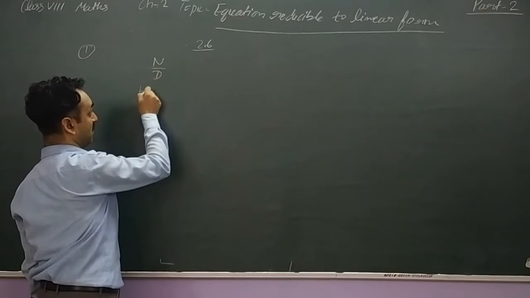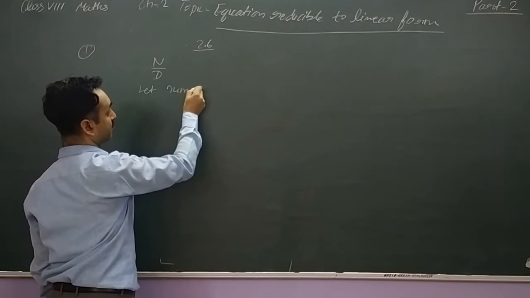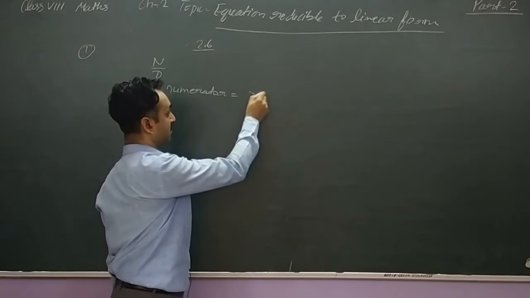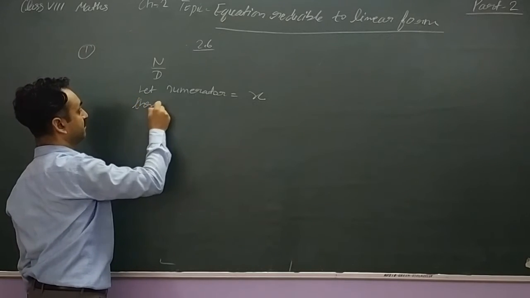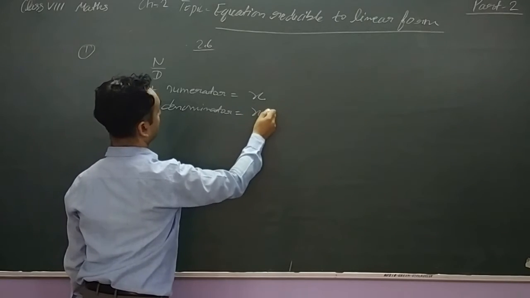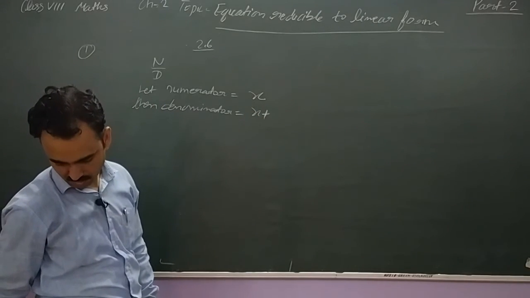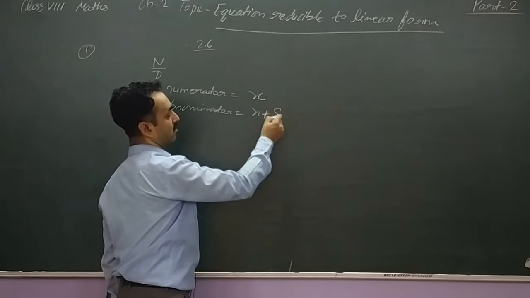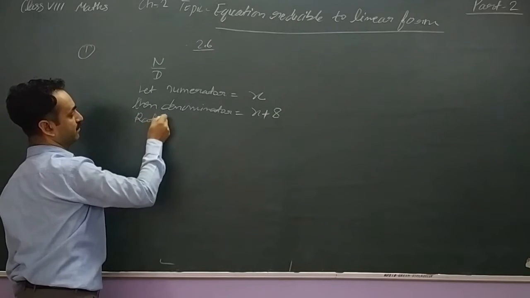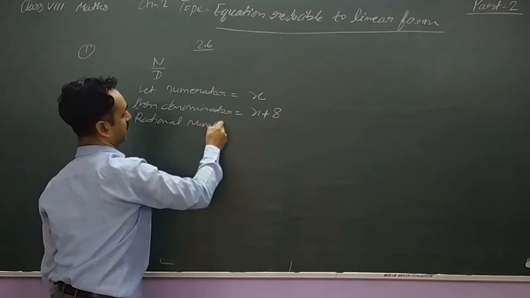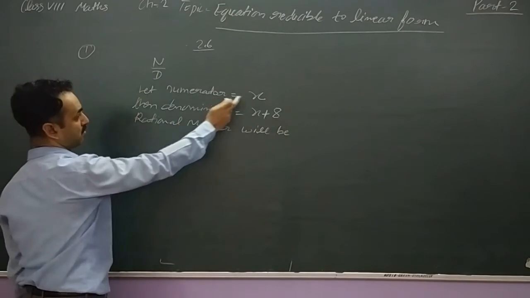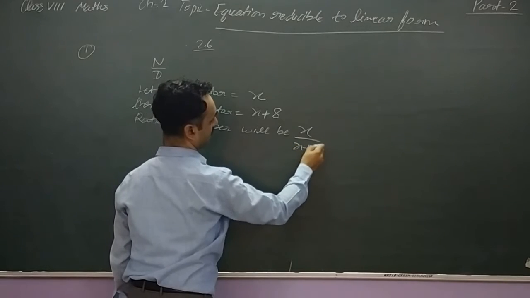So maybe we let the numerator be x, then the denominator will be x plus how much more? This is 8. So the rational number will be numerator upon denominator, so x upon x plus 8.